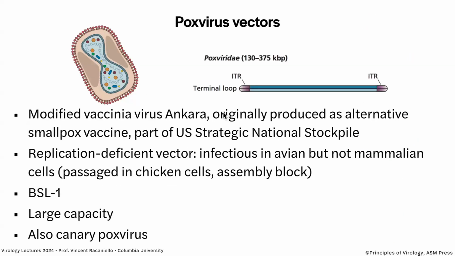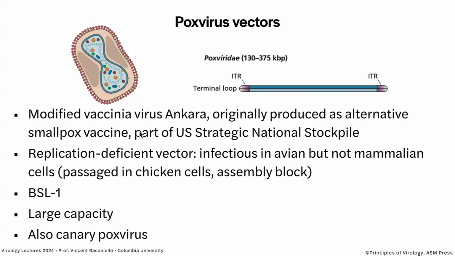We use poxvirus vectors. You may know that some of the COVID vaccines used poxvirus vector. The backbone is a virus called modified vaccinia virus Ankara. This was originally produced as an alternative smallpox vaccine and, in fact, is part of the U.S. strategic national stockpile.